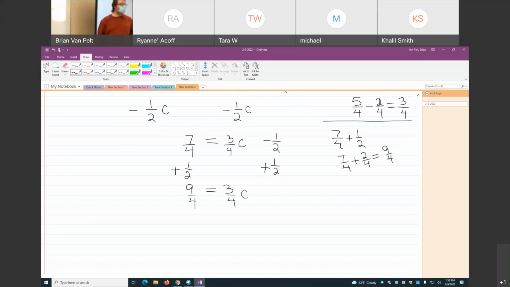Now we're ready to finish it off to get C by itself. Now I will multiply by 4/3. I'm doing this because I'm multiplying both sides by 4/3. Because this 4 will take that out, this 3 will take that out.